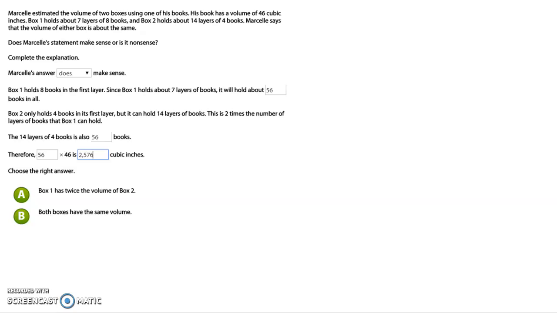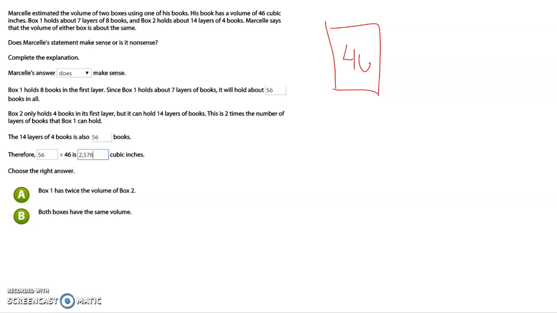Moving on to this next slide, I had a little bit of trouble with this one. It was kind of tricky. So I want to go over it quickly so that when you come to it on your lesson today, you will understand how to do it. It says Marcel estimated the volume of 2 boxes using one of his books. His book has a volume of 46 cubic inches.